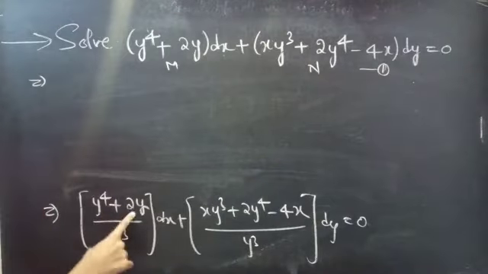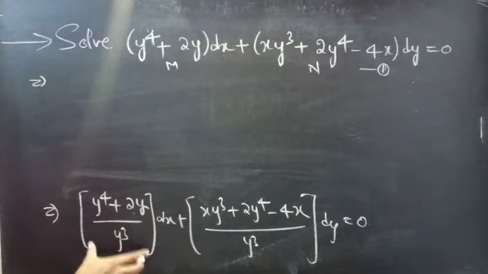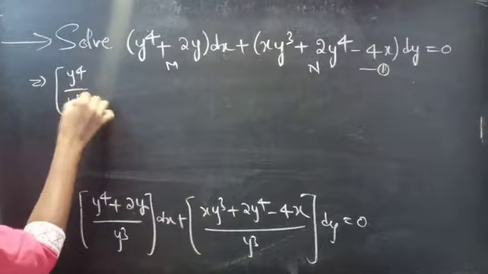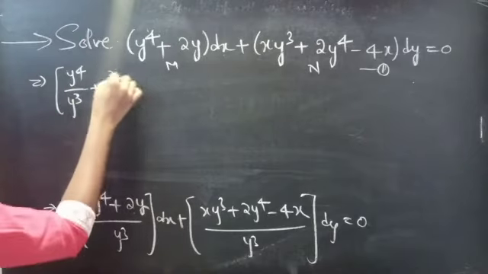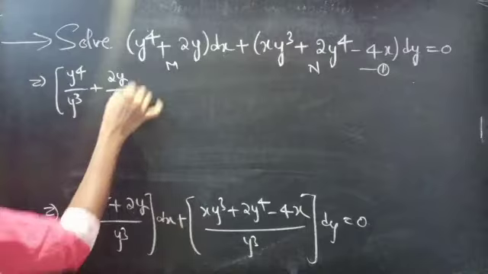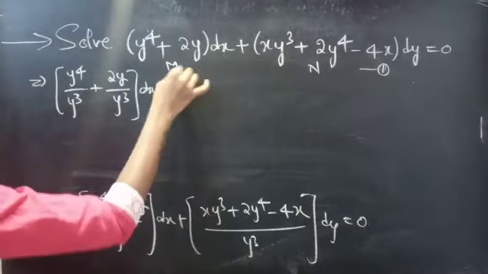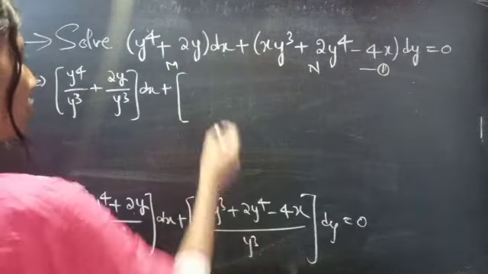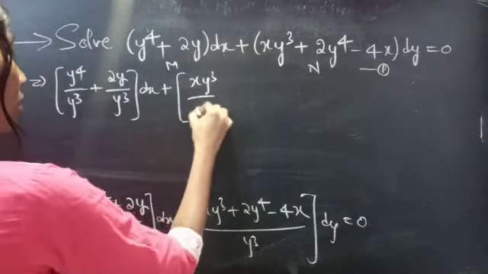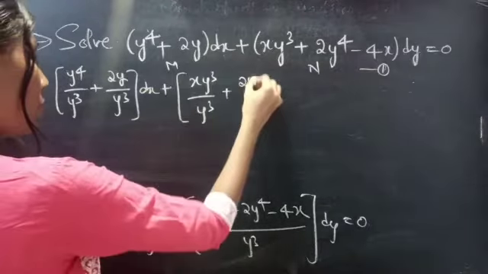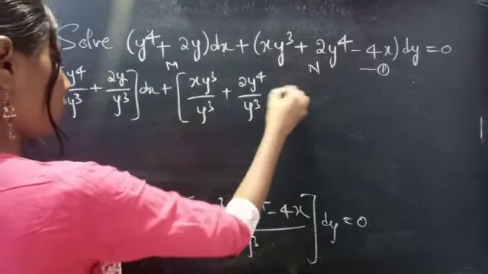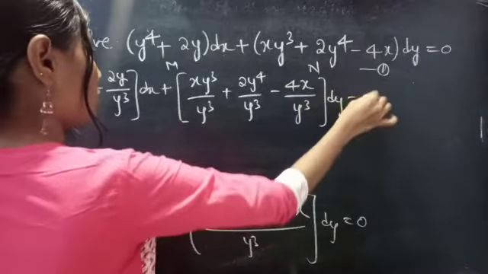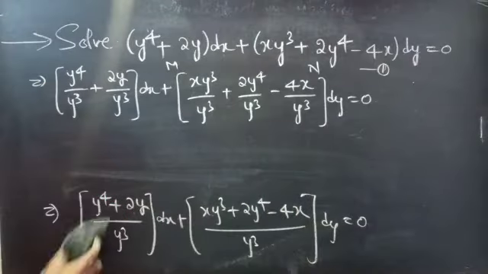Here you have two terms in the numerator and one term in the denominator, so we can split this into two terms: y power 4 by y cube plus 2y by y cube into dx plus. Here you have three terms in the numerator and one term in the denominator, so we can split this into three terms: xy cube by y cube plus 2y power 4 by y cube minus 4x by y cube into dy equals 0.